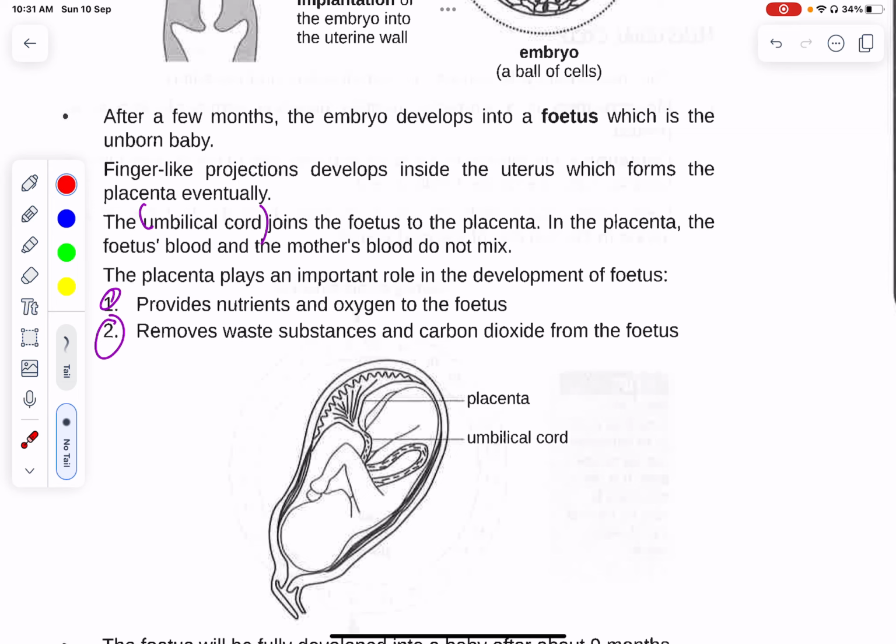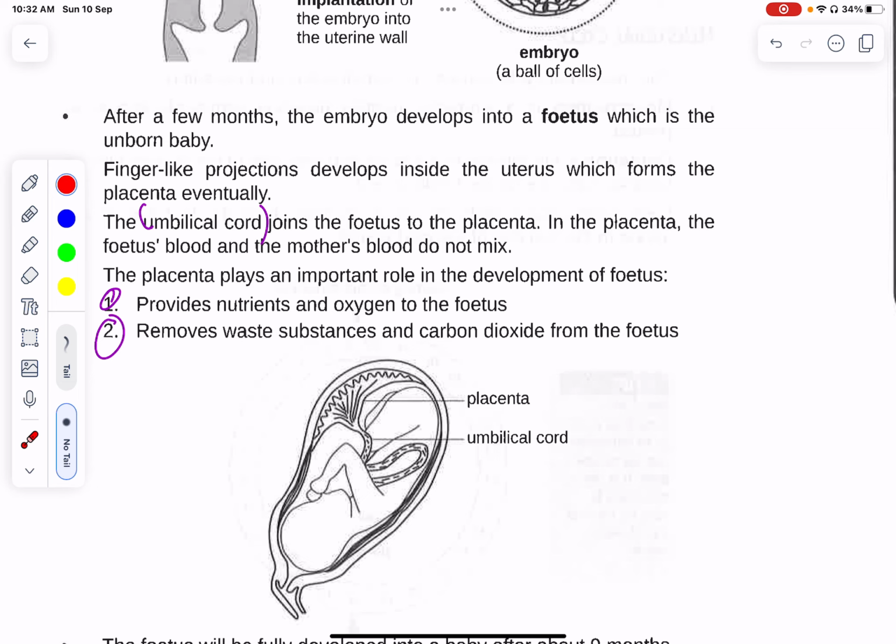Okay, and the umbilical cord will join the fetus to the placenta, and in this placenta, the fetus's blood and the mother's blood do not mix. Why? Because the blood groups of the mother and the baby might be different, and if two different blood groups mix, it can be dangerous to both the mother and the child.